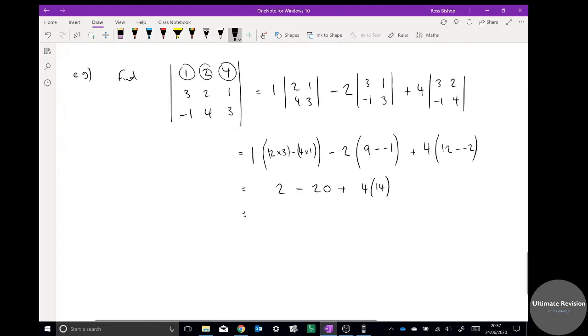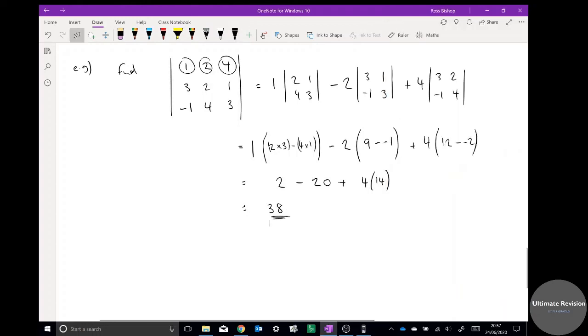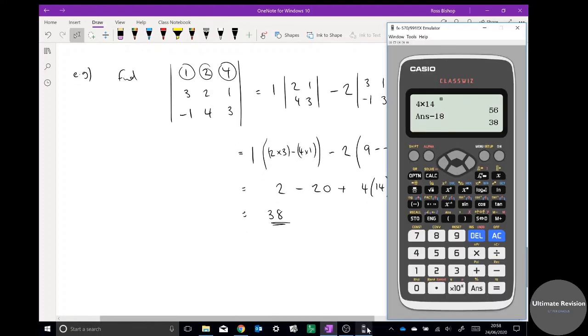Tidying that up, I've got minus 14 minus 18, I'm hoping 38 is the determinant. You can obviously see there's lots of room for potential silly mistakes here.